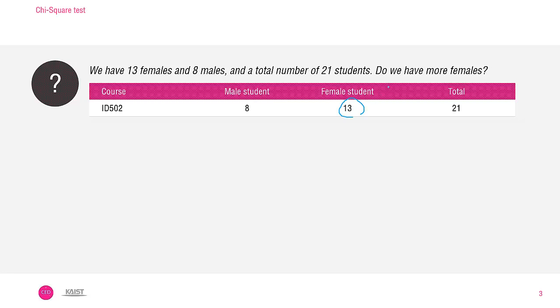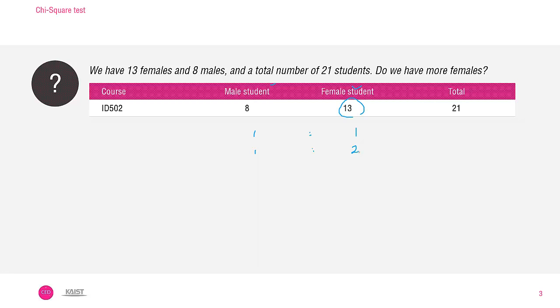If we are interested in examining whether males and females are in equal number, the expected ratio between male and females should be, yes, 1 to 1. If we are interested in examining whether females are twofold or twice more than males, the expected ratio between male and female should be, yes, 1 to 2.